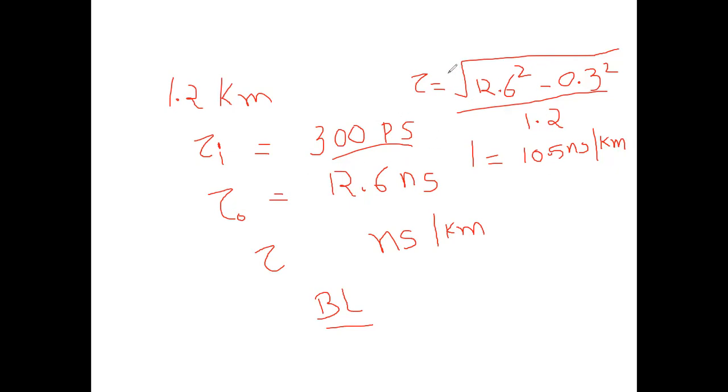So this is only restricted to the dispersion measurement setup, where we are observing the input pulse width and the output pulse width. And remember, it is for a Gaussian shaped pulse. We don't have any other formulas if we are considering a rectangular pulse, that is RZ or NRZ. We only have this Gaussian formula.